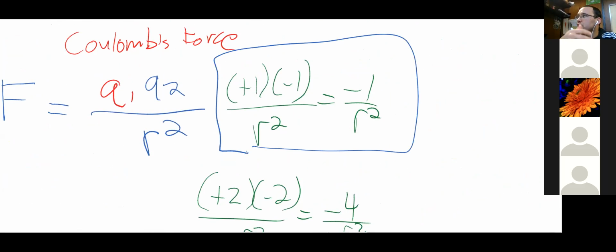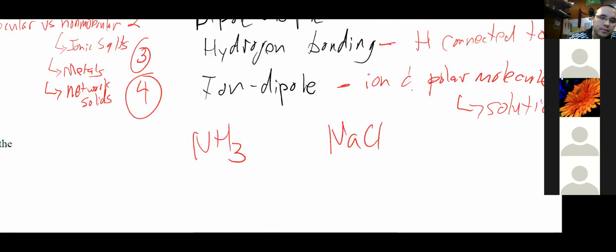So we know the charge isn't going to determine the difference in the strength of their bond. So instead, what do we need to look at? If it's not going to be their charge, it has to be their distance.